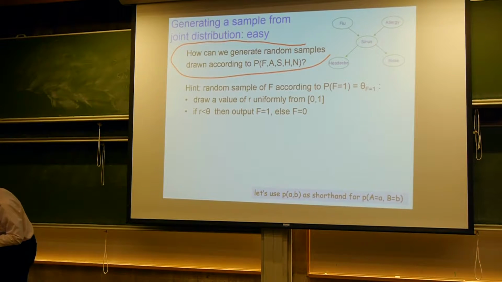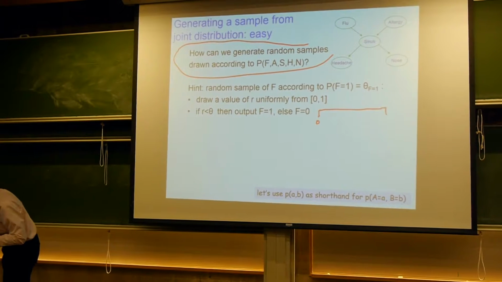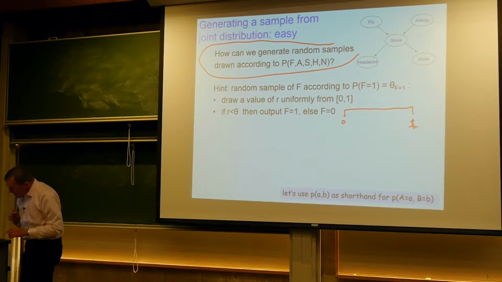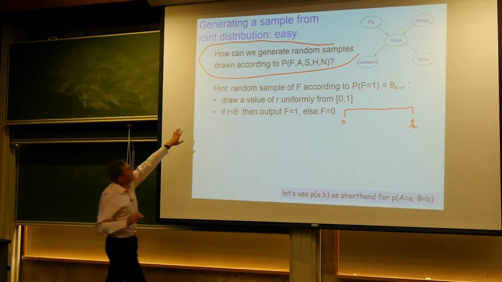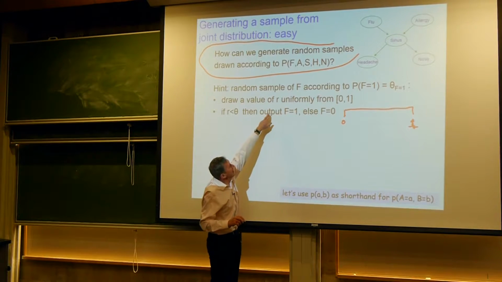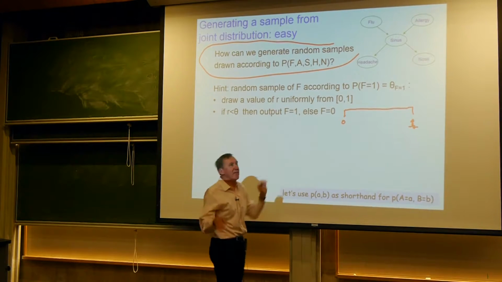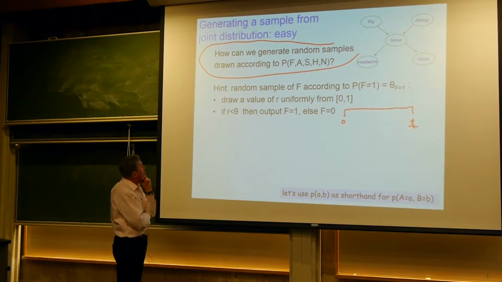Let's draw it. Here's 0, here's 1. I could ask that primitive to give me a random number r, which with uniform probability will be anything between 0 and 1.